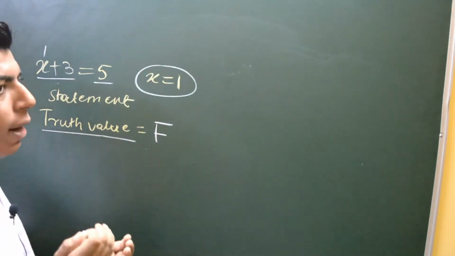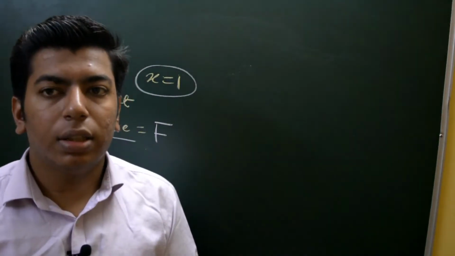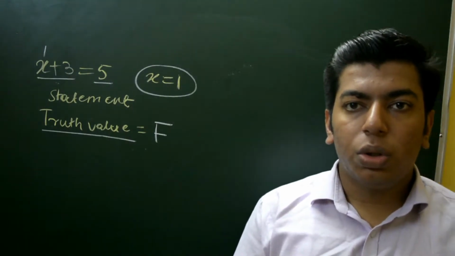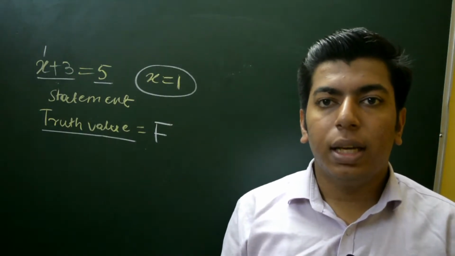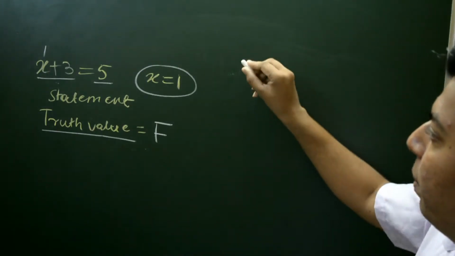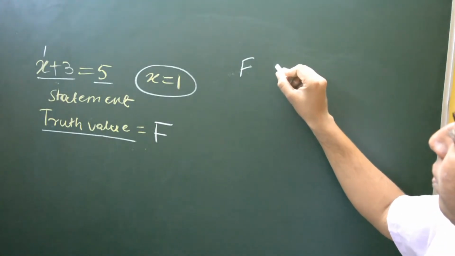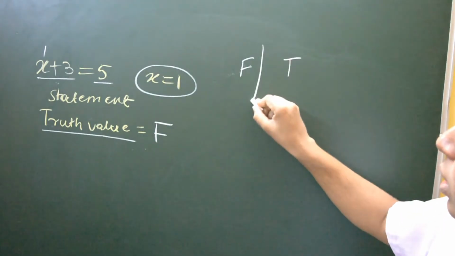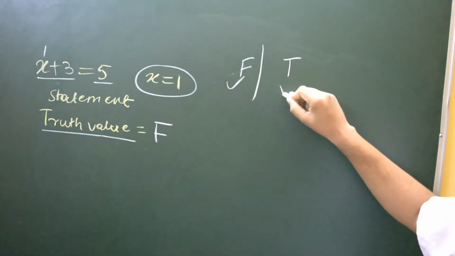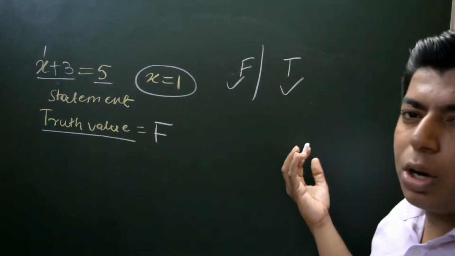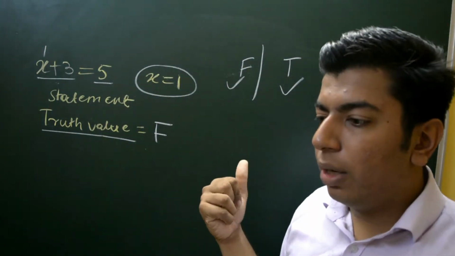I also have to mention that the truth value, true or false, is denoted by capital T and F. This is for false and this is for true. They are also known as truth values.